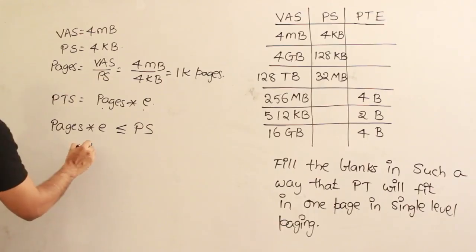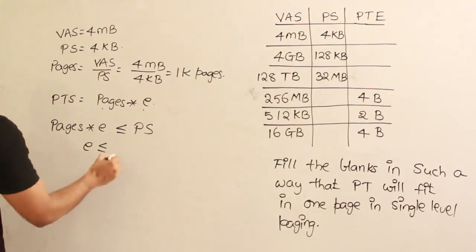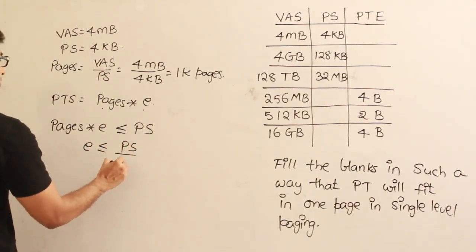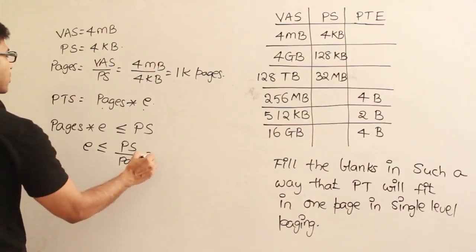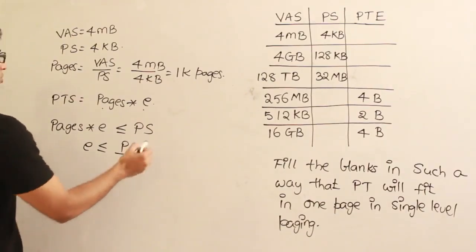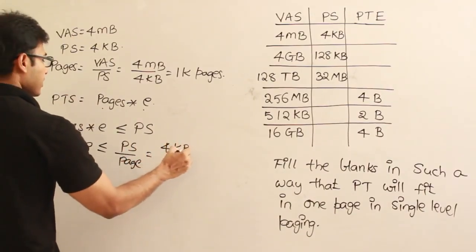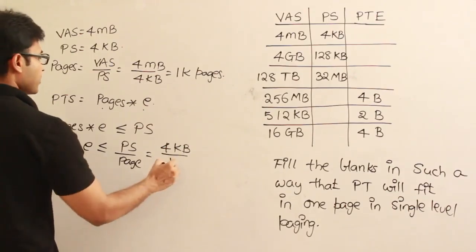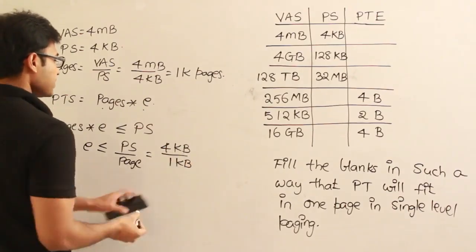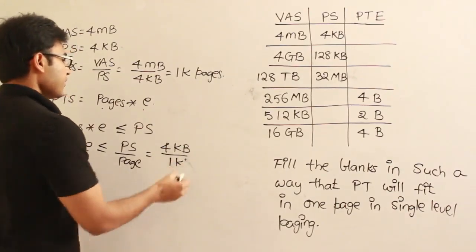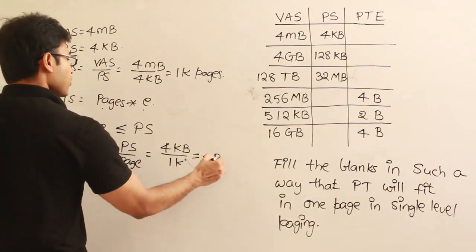Therefore, the entry size is less than or equal to page size divided by number of pages. So how much is that? Page size is 4 KB divided by number of pages, which is 1K pages, right? Therefore the entry has to be less than or equal to 4 bytes.